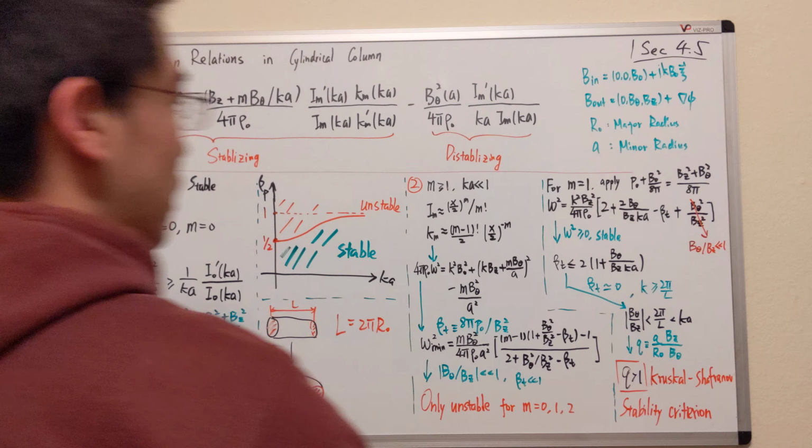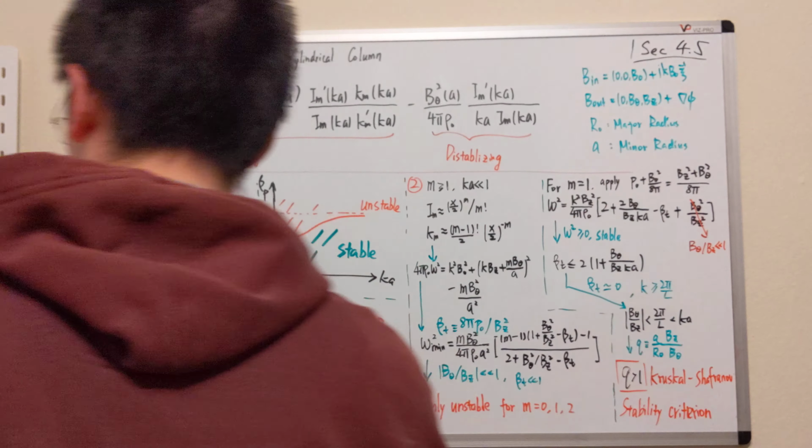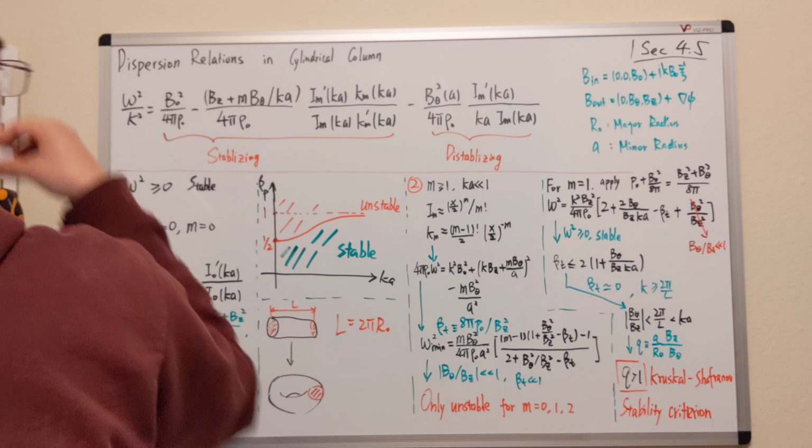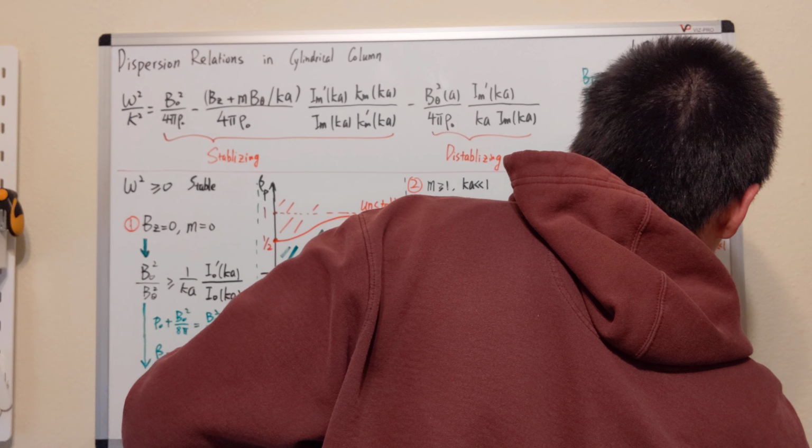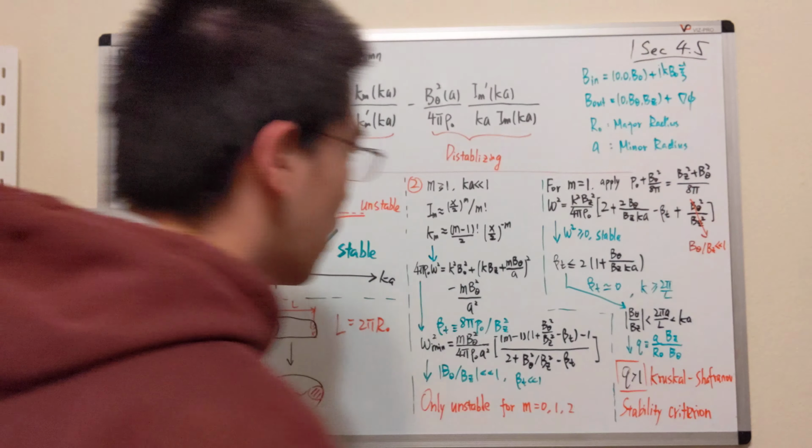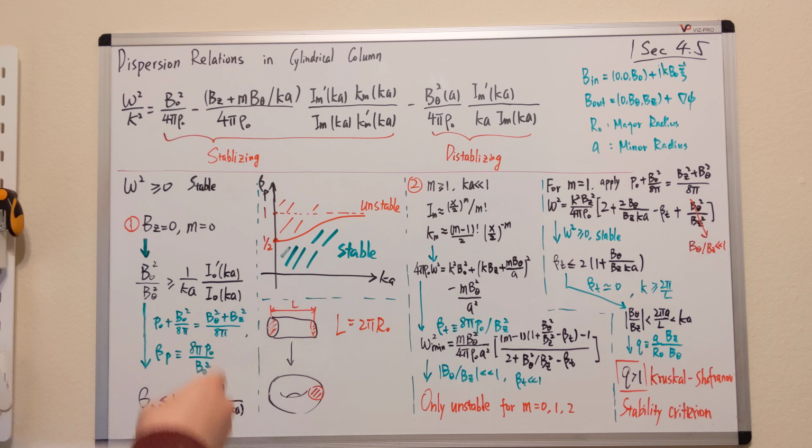And that is the Kruskal-Shafranov stability criterion. You can read this in more detail in section 4.5 of The Physics of Plasma.